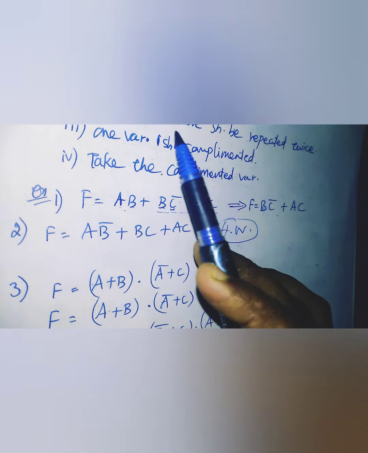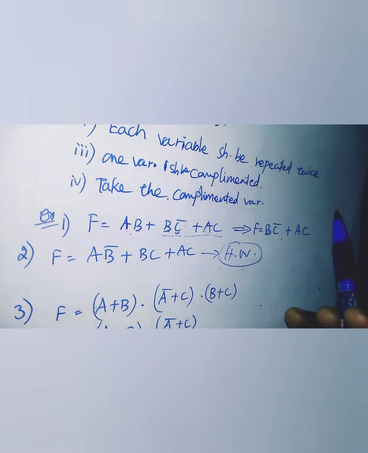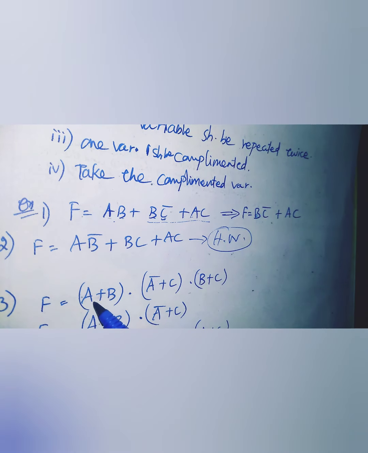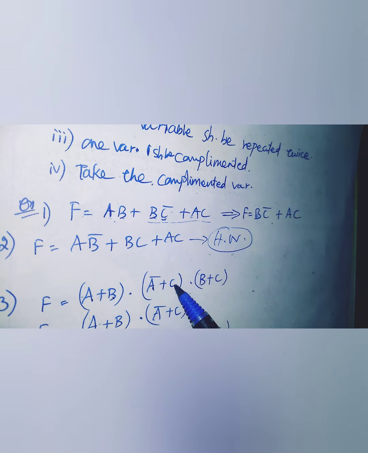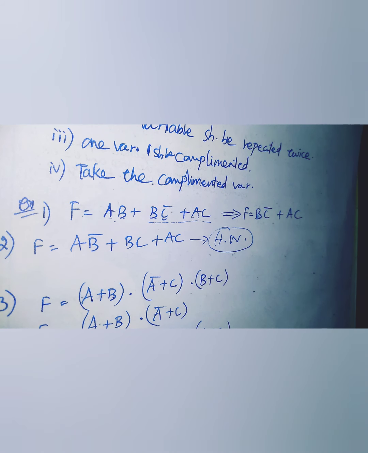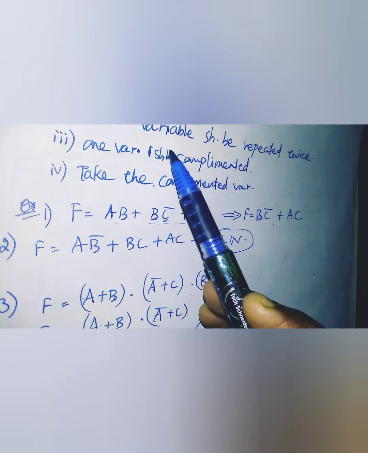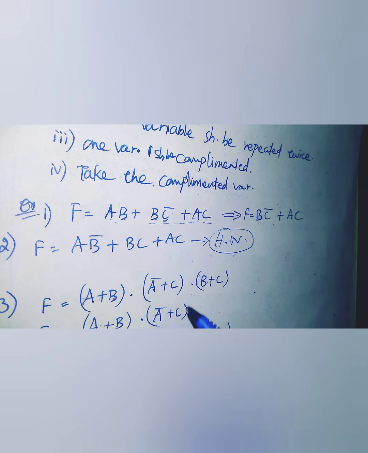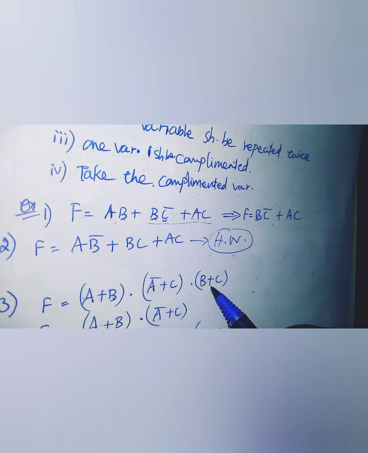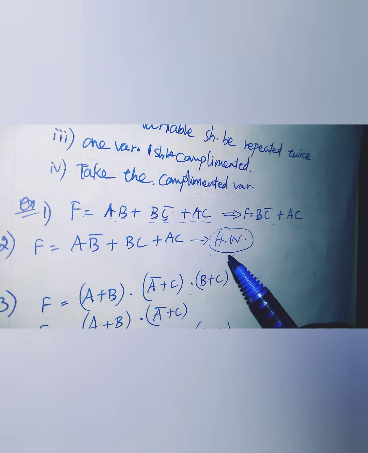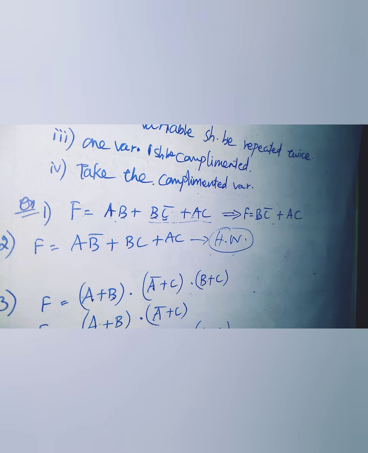Each variable should be repeated twice: A and A, B and B, C and C. Then the third condition, one variable should be complemented. Here A is complemented: a normal A is here and the complement A is also here. So that condition is satisfied.